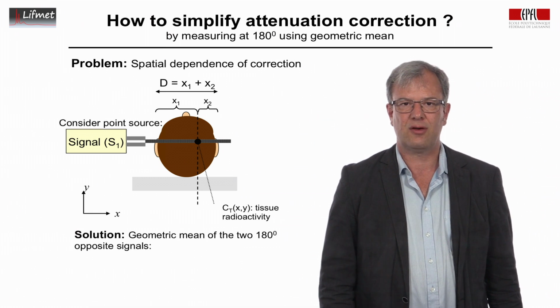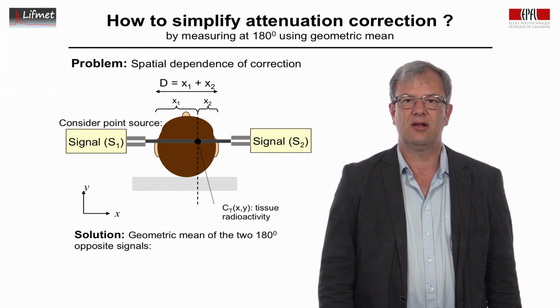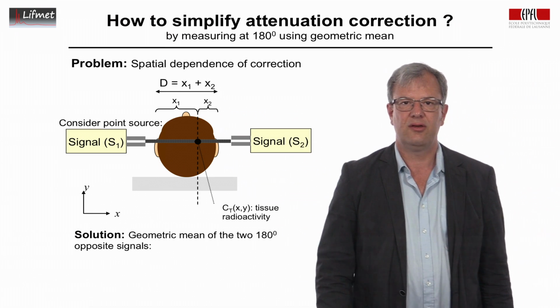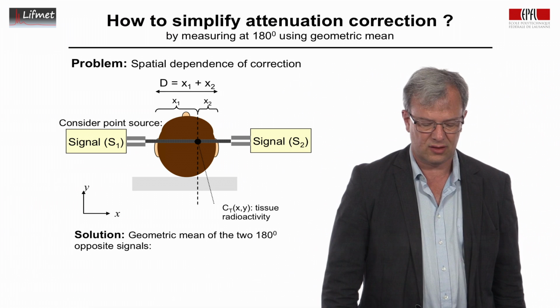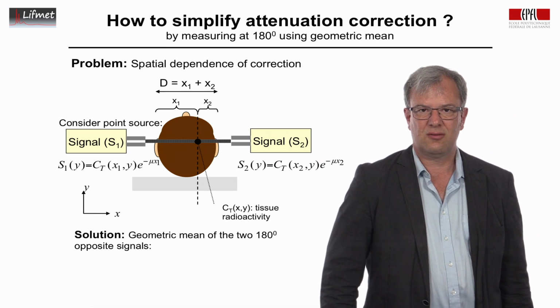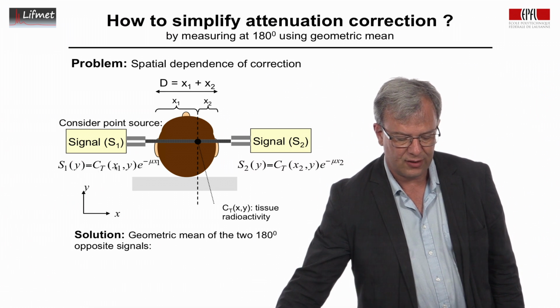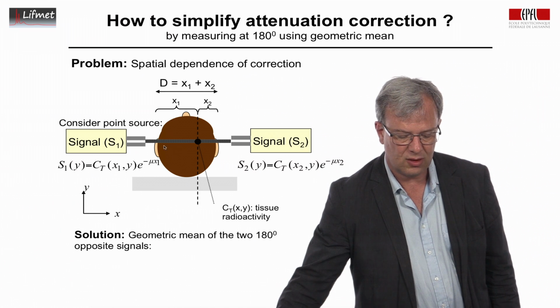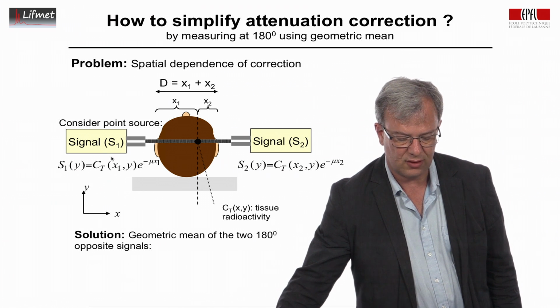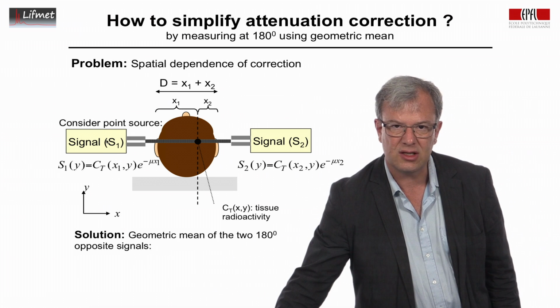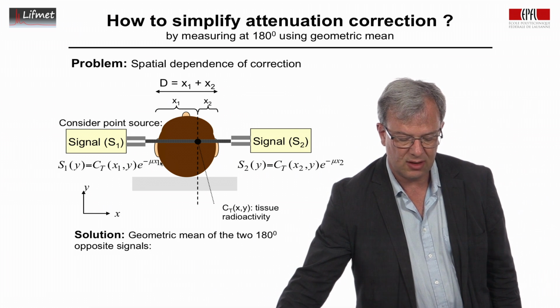So now we have the signal S1 that's detected on the left side. We'll consider perfect collimation here, and we have a signal S2 collected on the right side from this point source. I'll give you the explicit expression here. We have the tissue radioactivity at position x1, y, seen from detector 1, times e to the minus mu x1.